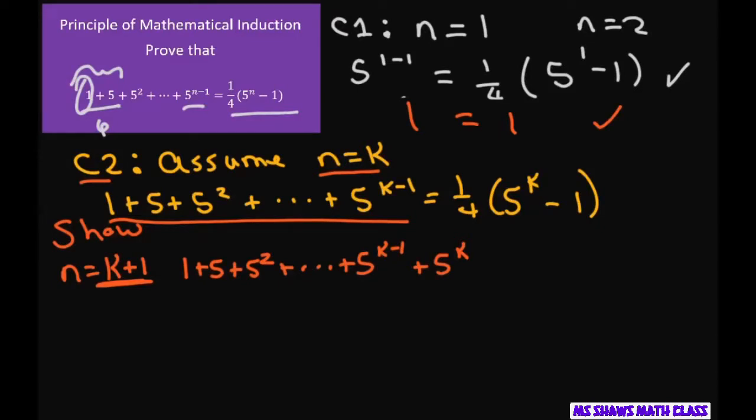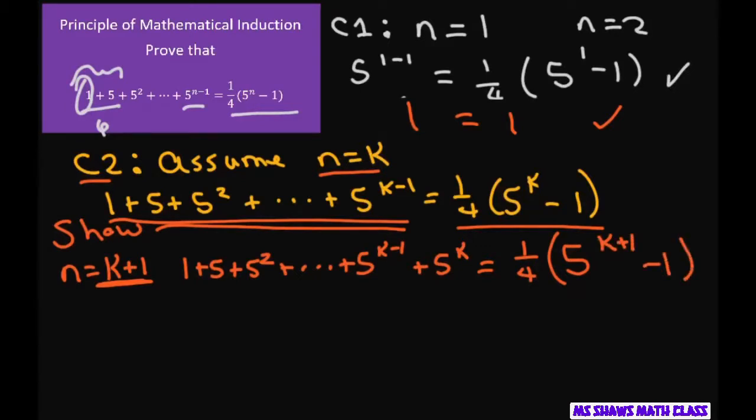And then if we had to do another term, it would be 5 to the k plus 1. Next one would be 5 to the k plus 2, and so forth. So the next one's going to be 1/4 times, and for the summation, remember this is the sum of this geometric sequence, 5 to the k plus 1 minus 1.